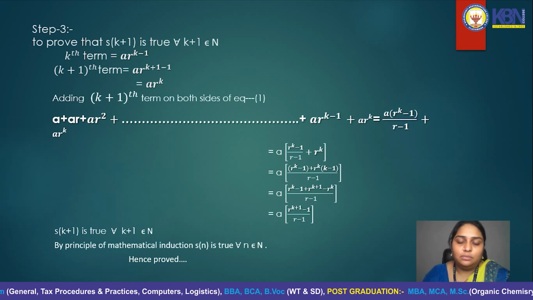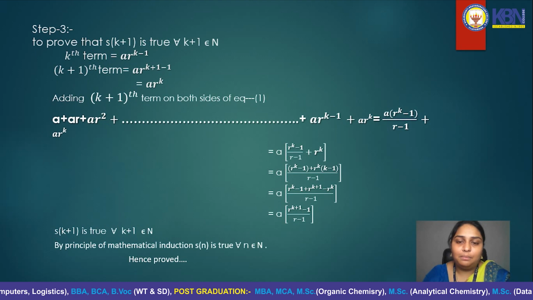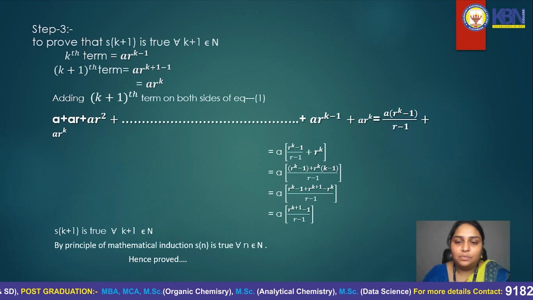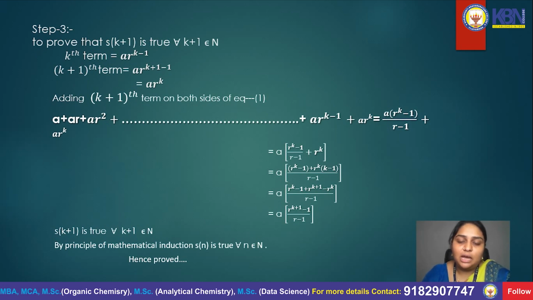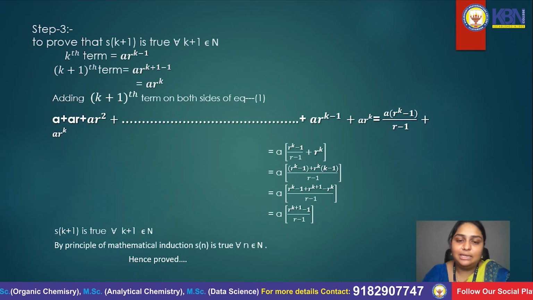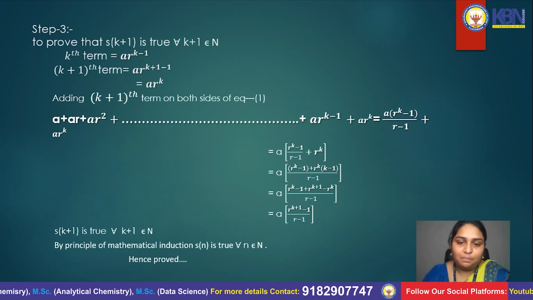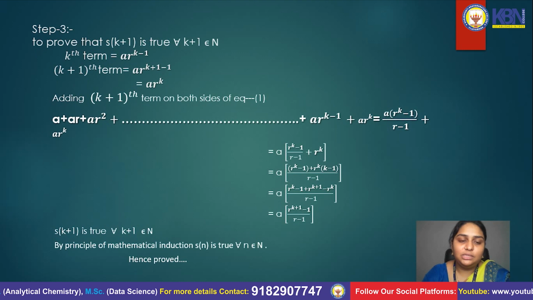When the bases are equal, we must add the powers. Then we get a into r power k minus 1 plus r power k plus 1 minus r power k by r minus 1. After solving, r power k minus r power k gives 0. Then we get the result a into r power k plus 1 minus 1 by r minus 1.